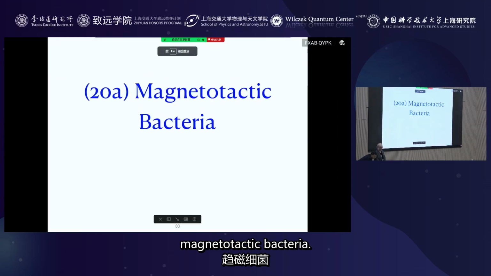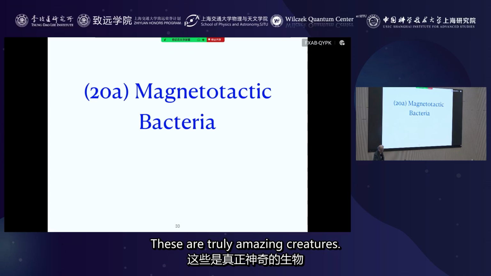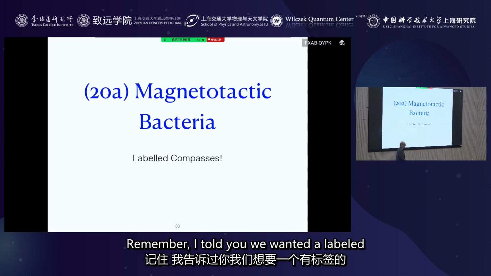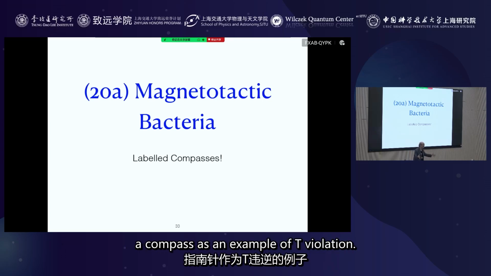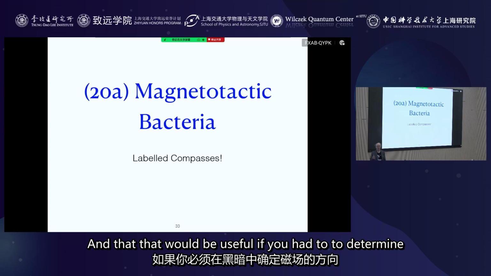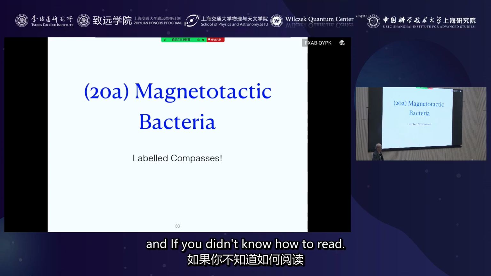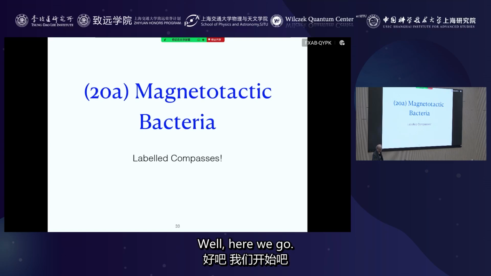Magnetotactic bacteria. These are truly amazing creatures. Remember, I told you we wanted a labeled compass as an example of T violation, and that would be useful if you had to determine the direction of a magnetic field in the dark, and if you didn't know how to read. Well, here we go.